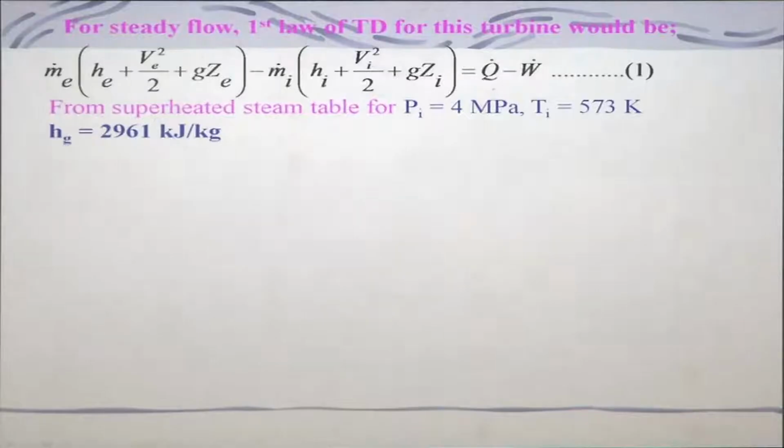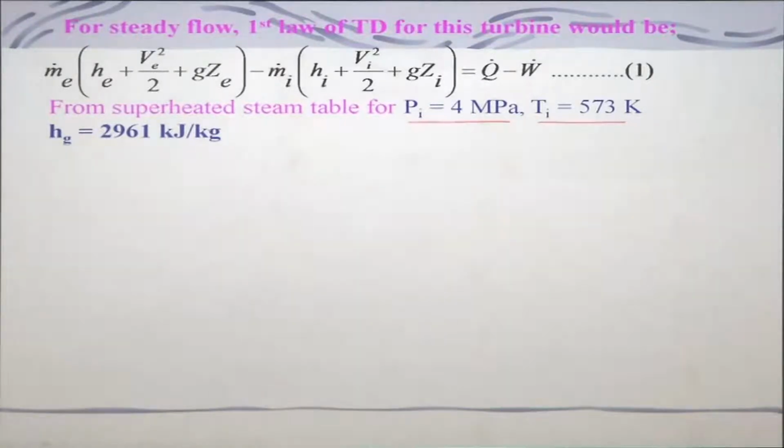We will take the data from the superheated steam table at pressure P I 4 megapascals and T I 573 Kelvin, and we get the enthalpy as 2961 kilojoule per kg.